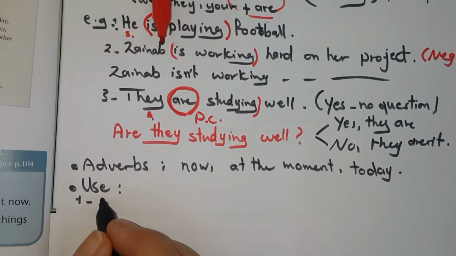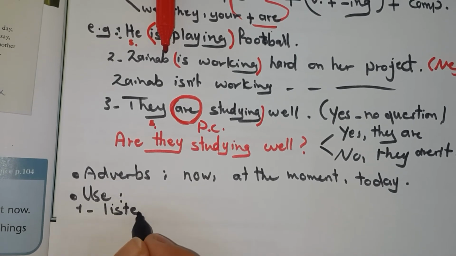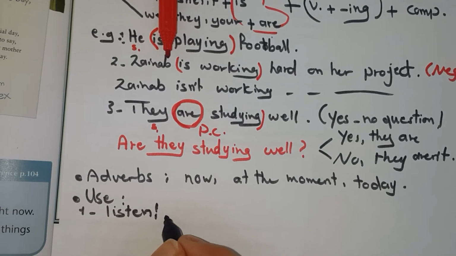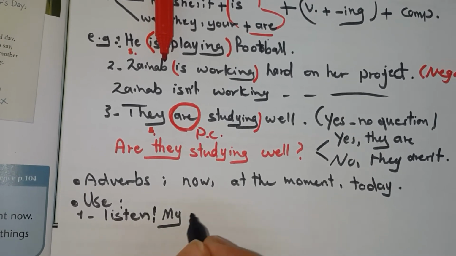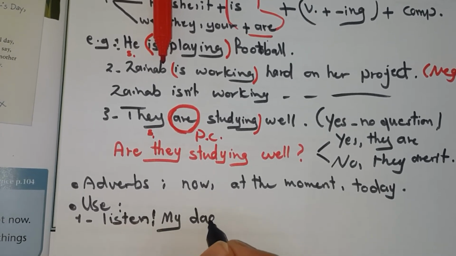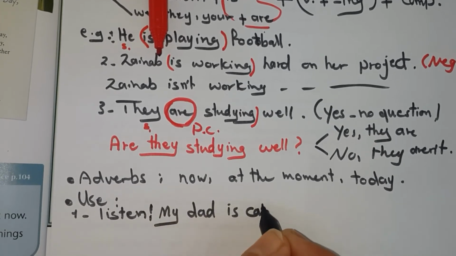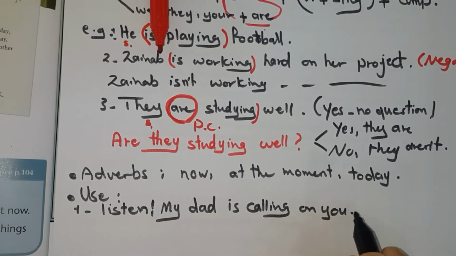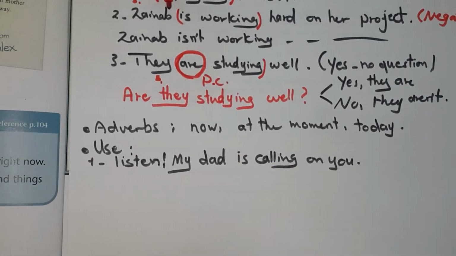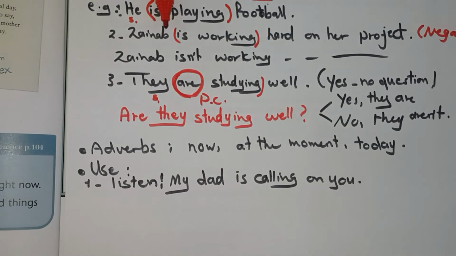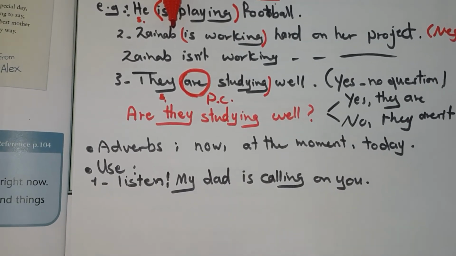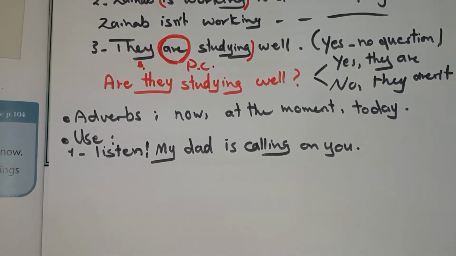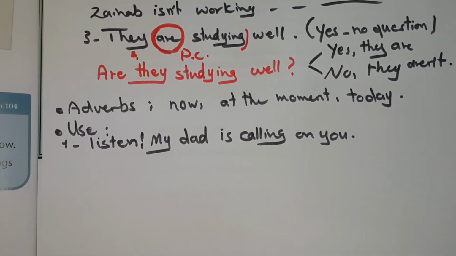For example, listen. My dad is calling on you. So suppose that you were talking with your sister and you both hear the voice. There was someone who is calling and you try to recognize who is calling.